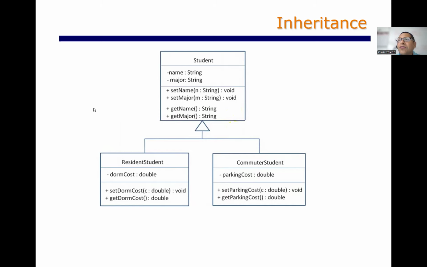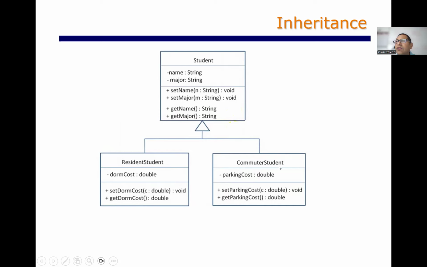So by doing so, you're gonna optimize your code. You're gonna reduce the number of lines, right? It's gonna be easy to maintain. Instead of repeating the code, you're gonna optimize your code now. You're gonna code a parent class, a student with a common attribute and method. And then you're gonna code a subclass, resident student with a specific attribute and method.